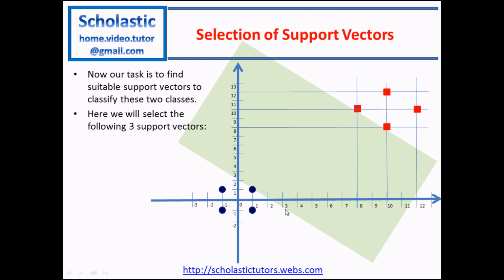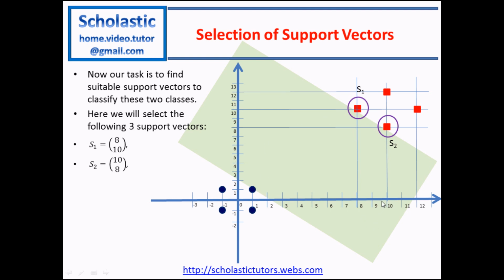Now we need to identify some support vectors. In this particular case, we will identify 3 support vectors, 2 from the red class and 1 from the blue class. The first one is S1, with coordinates (8, 10), and the second support vector is S2, (10, 8). We call these points support vectors because they are the feature vectors that support us in finding the boundary.